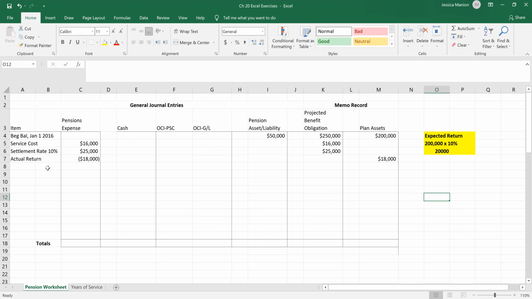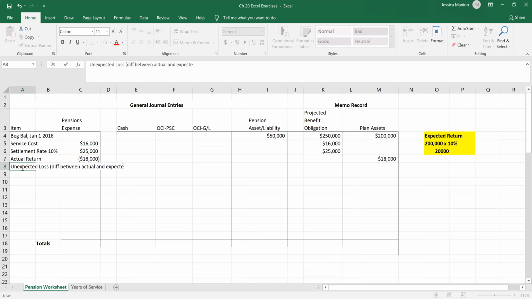So we have an unexpected loss, the difference between actual and expected return.